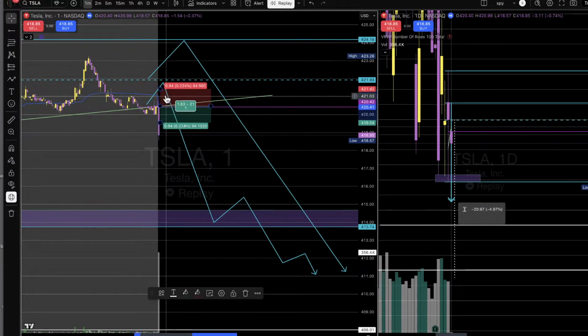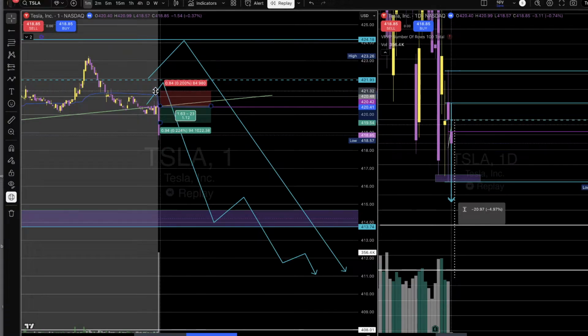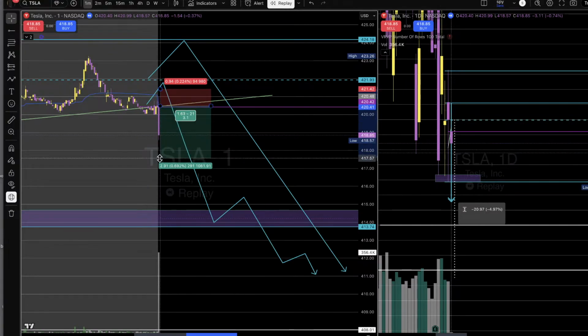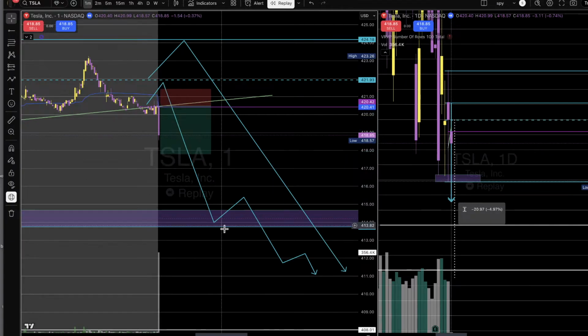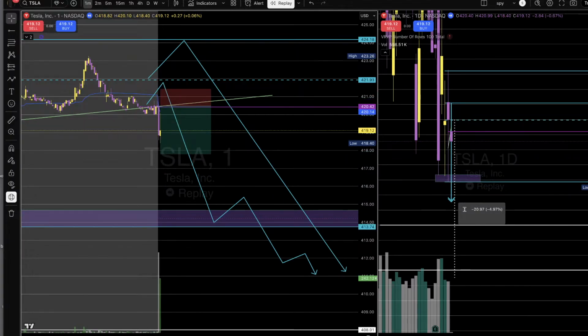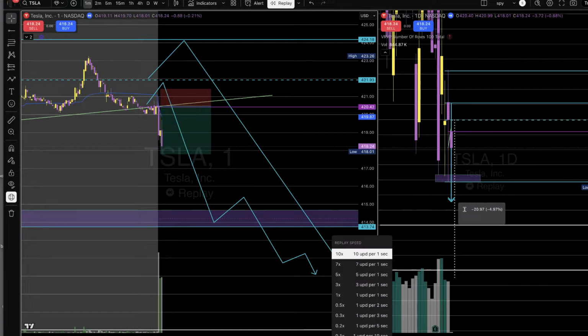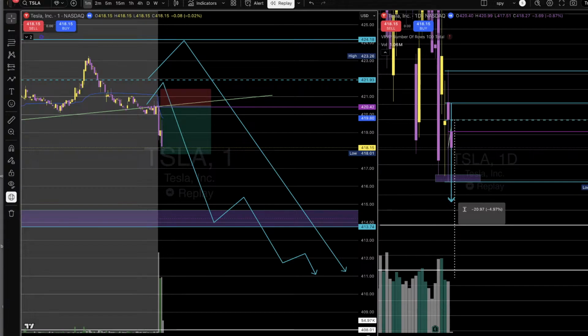Didn't even prepare for that. It would look something like this. It's already close to the exit. Boom, it would have been taken. That would have been profit right there.